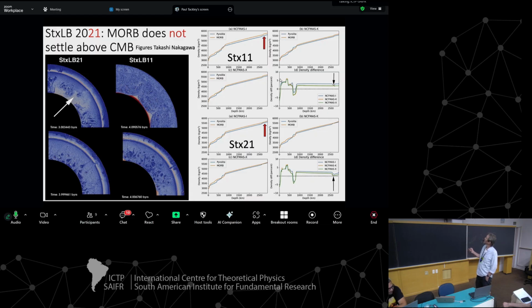The reason we can infer by looking at these density profiles. In the earlier database, the density profiles for MORB and pyrolite stay more or less parallel through the post-perovskite transition. But in the 2021 database, while pyrolite undergoes the post-perovskite transition, MORB basically stays the same.